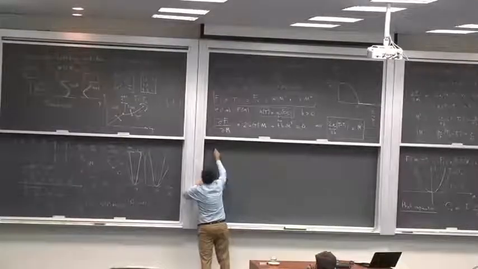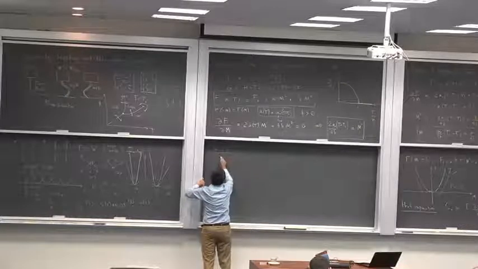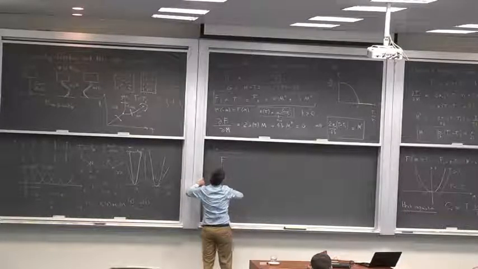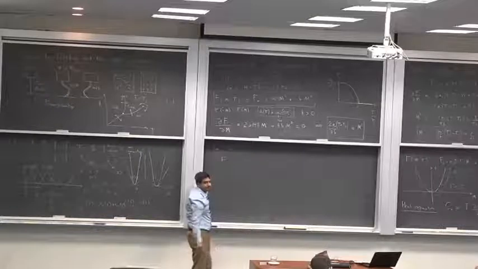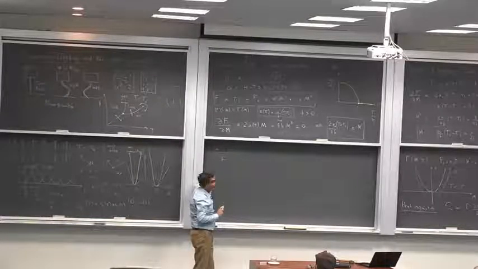For temperatures above the critical point, our free energy is such that m is 0. Below the critical point, m is non-zero.